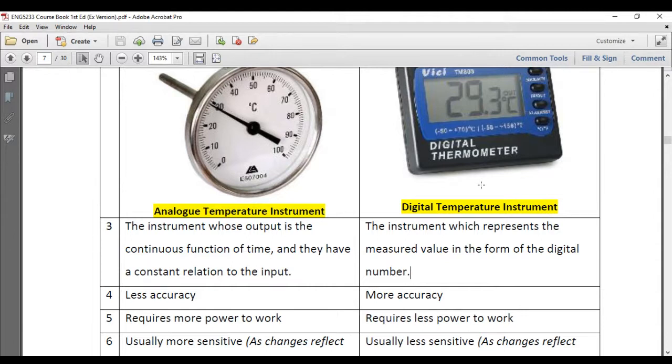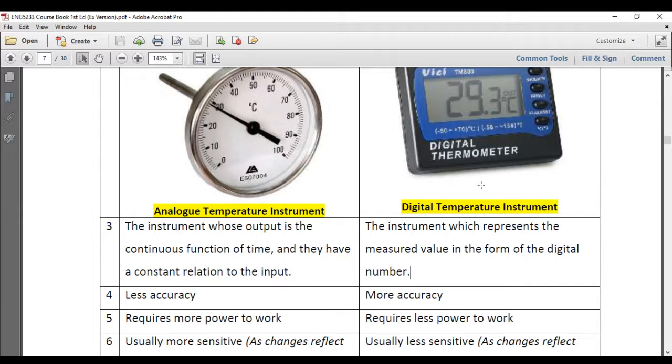Okay. For example, you have a digital speedometer whose resolution step is 1 kilometer per hour. It means when your car is speeding up from 1 to 2 kilometer per hour, it will show the reading as 1 kilometer per hour. After that, when your car gains more speed, it will show the reading as 2 kilometer per hour. But in between 1 and 2, it will not show. Why? Because its resolution step is 1 kilometer per hour.